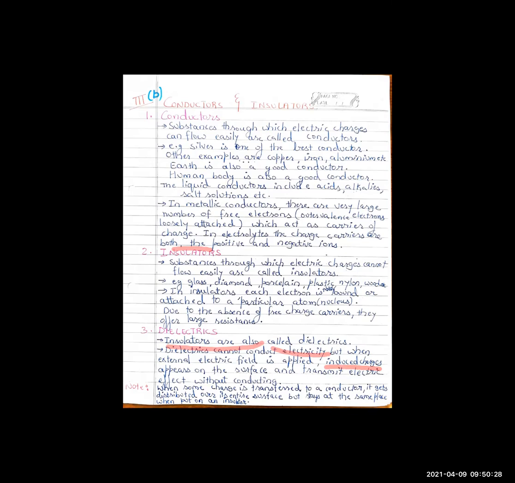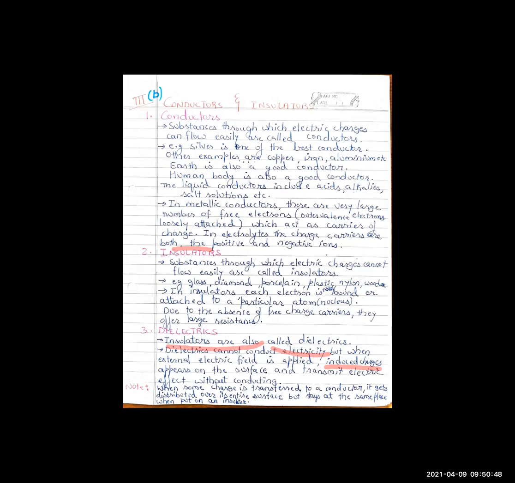Right? So to an insulator you are applying an external electric field. You place it in an electric field. What do you see on the surface? Charges are produced, and these charges transmit or show the electric effect, but they do not conduct.